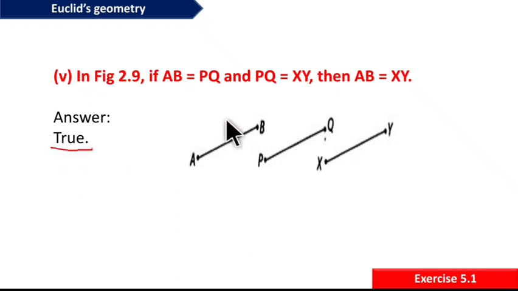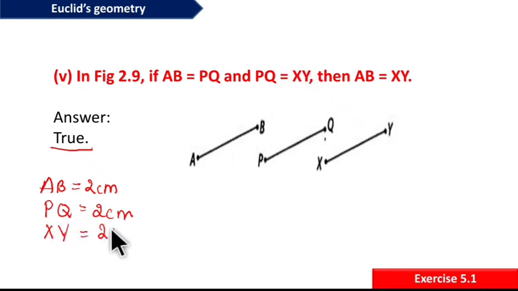For example, here they have given AB equal to PQ. Let's take AB as 2 centimeter. Since AB is equal to PQ, PQ should be equal to 2 centimeter only. And they have given PQ is equal to XY, so XY also is 2 centimeter.